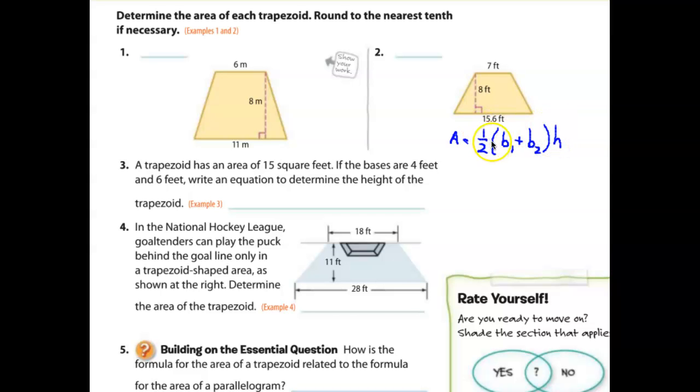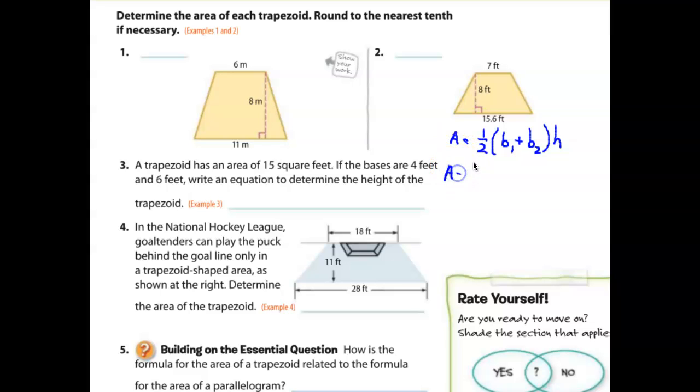And I could have put the h over here, but I put it in this order. So we have to then rewrite this problem with the information that we know. If you'll notice that this line is perpendicular to this bottom line, so that is going to be the height. So let's go ahead and put the numbers where they should go.